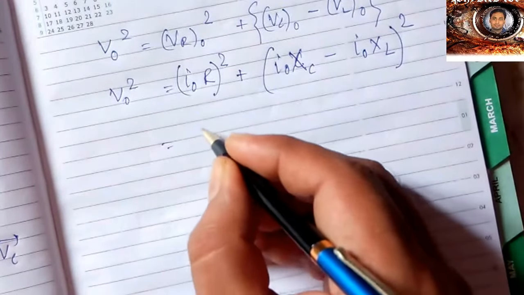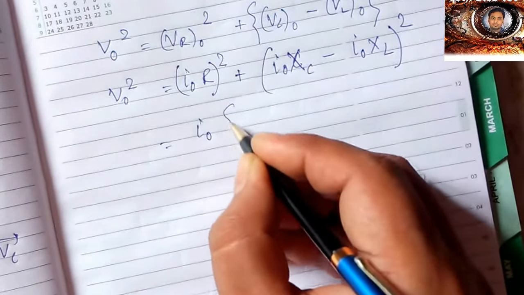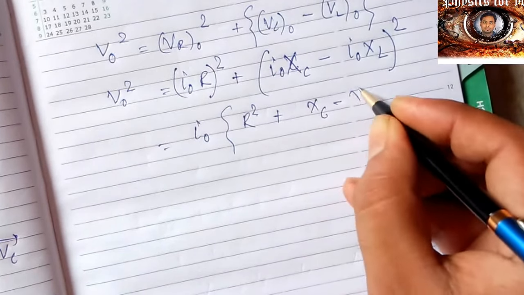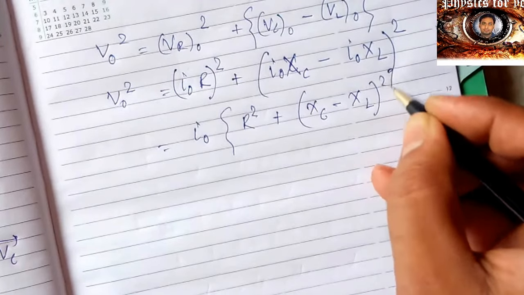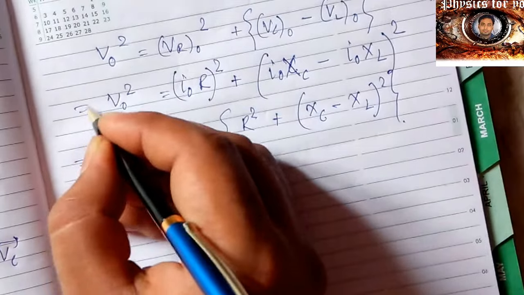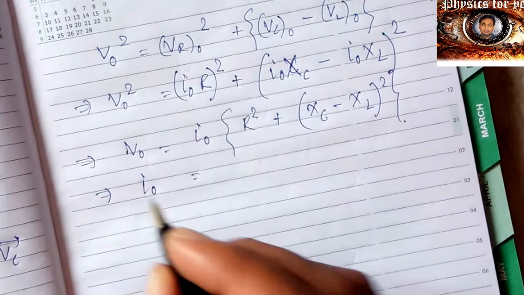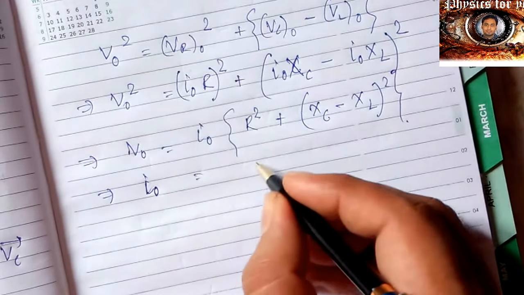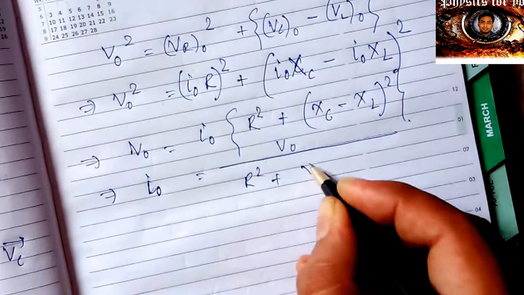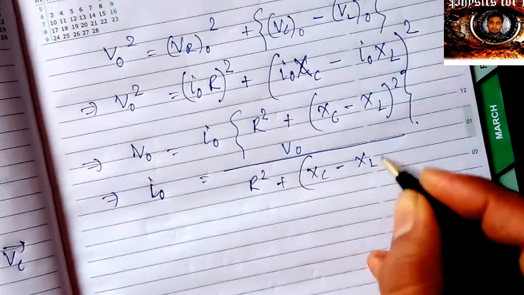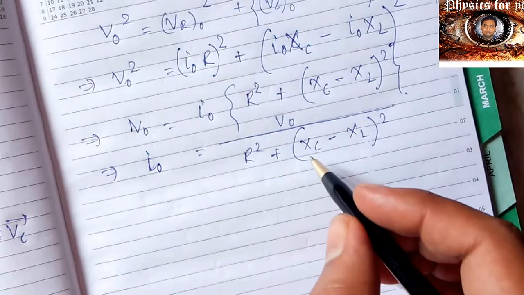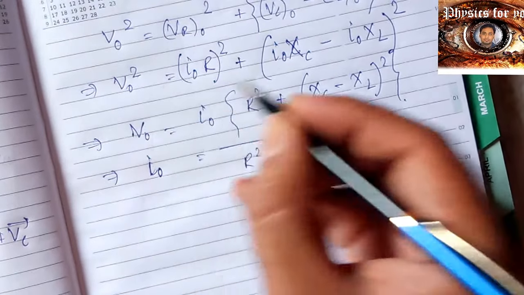That is, take I0 common, I0 square times (R square plus (XC minus XL) whole square). Okay, so V0 equal to this. Now we are trying to find out I0, that is I0 equal to V0 by root of R square plus (XC minus XL) whole square.